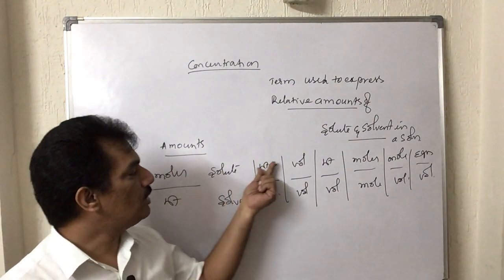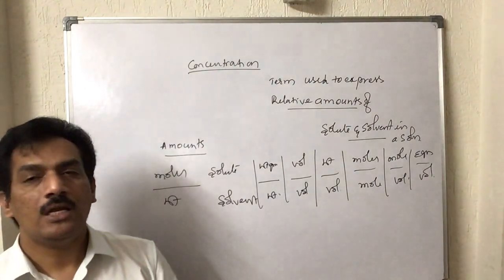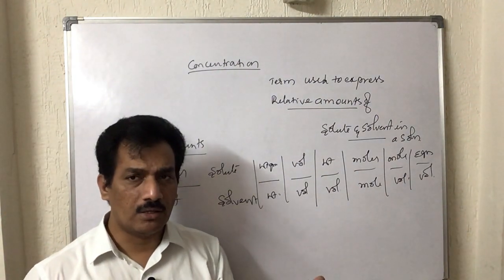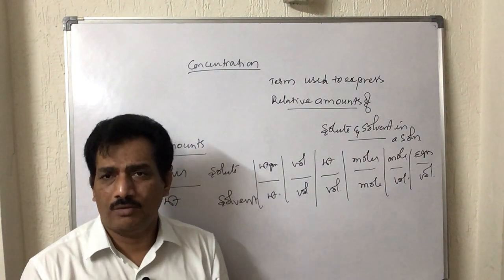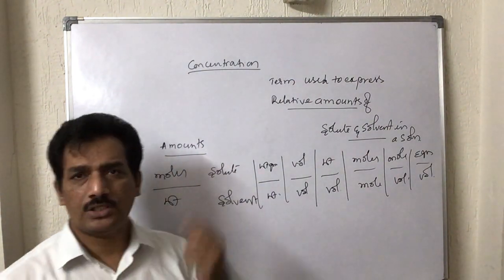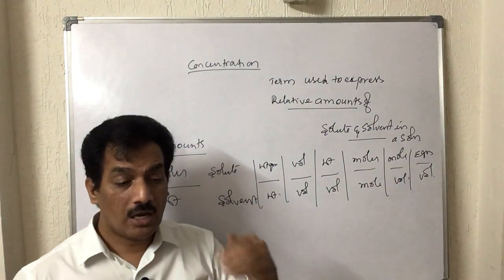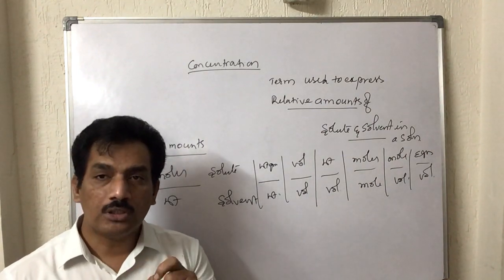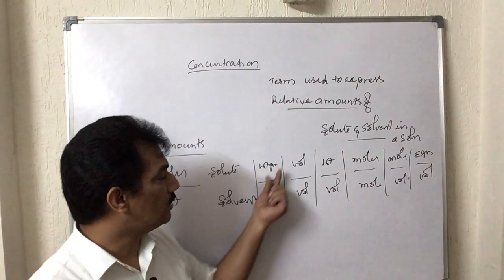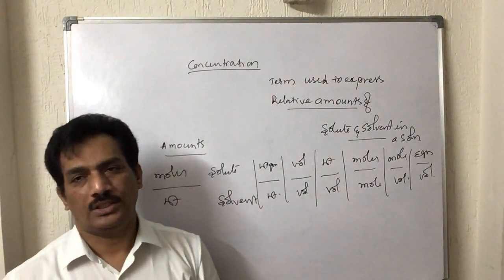Because in the expression of relative amounts we are not always considering the same units. Depending on the feasibility and flexibility, we express the solute and solvent in different units, and when they are expressed in different units, they give rise to different terms. Those terms related to each of these different expressions are known as concentration terms.